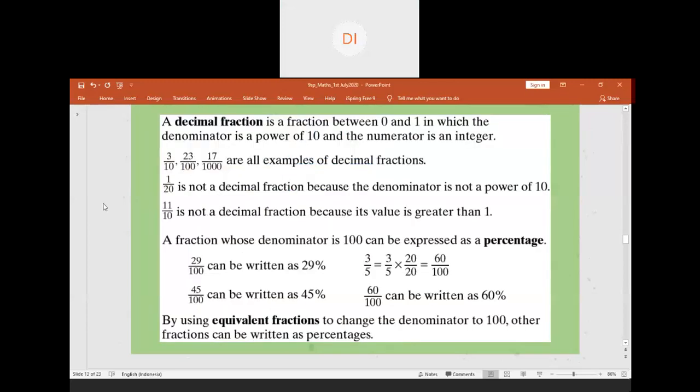Here is a decimal fraction. Decimal fraction is maybe a new term for you. What fraction can I call a decimal fraction? A decimal fraction is any fraction where the denominator is a power of 10. So any fraction by 10 or by 100, by 1000, by 10,000, as long as it is a power of 10, we can call it a decimal fraction.